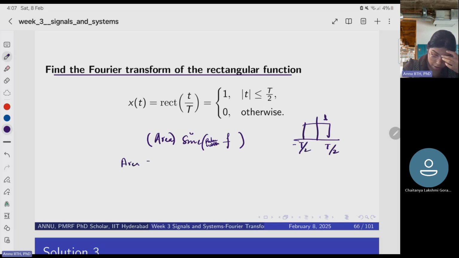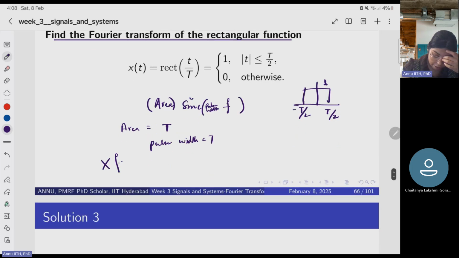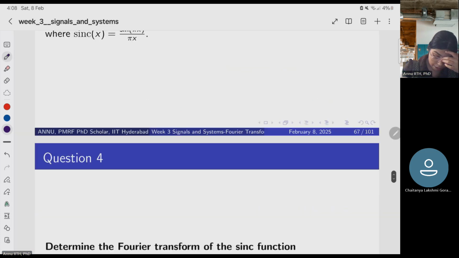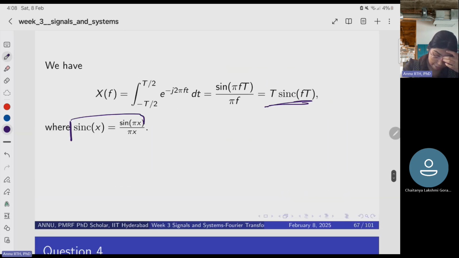Area is nothing but T, and the pulse width is also nothing but T. So X of f is nothing but T sinc(fT), correct? Whereas sinc x is sin(pi x) by pi x.